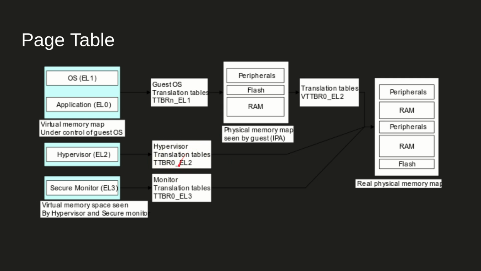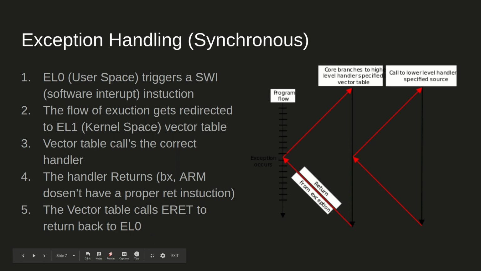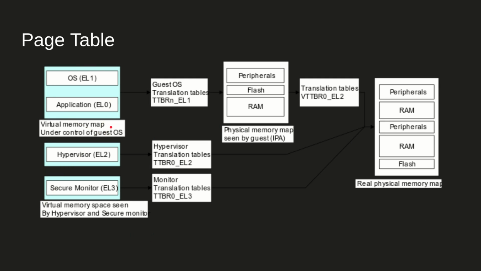The hypervisor has its own transition table via EL2. I probably should have added the address space breakup, but simply speaking, in 64-bit, the top half is allocated to EL0, and the bottom half is allocated to EL1.